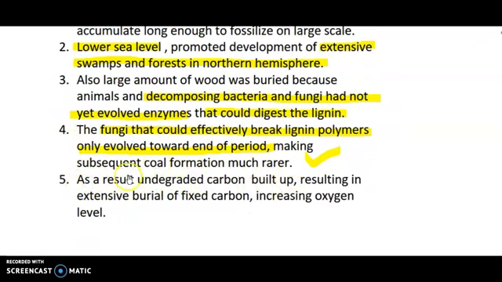If the wood is not decaying, the carbon will remain in the wood, and the fixed carbon will get buried, increasing the oxygen level. If the wood does not decay, the carbon present in the wood will not spew out into the atmosphere. So this might be the major cause of the high oxygen level in the Carboniferous period.